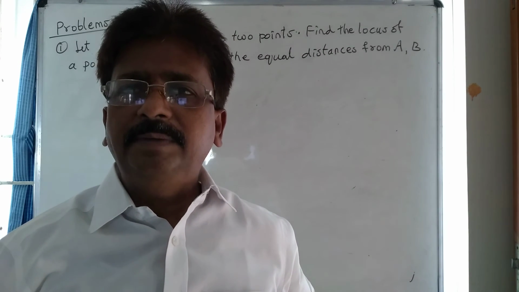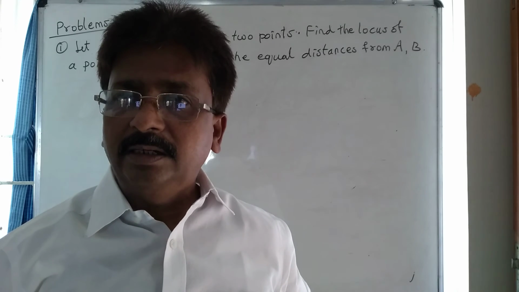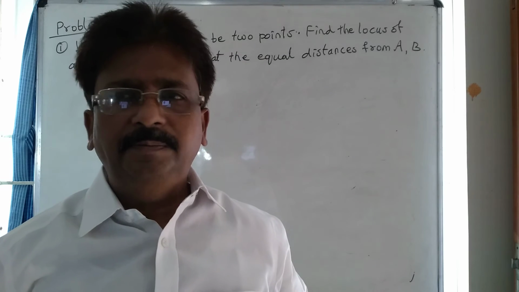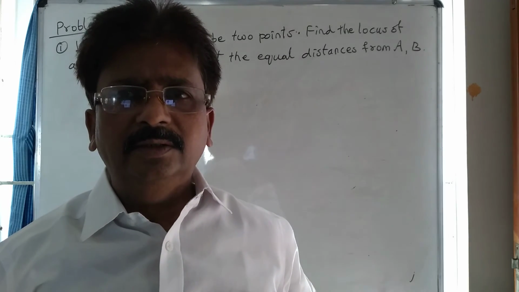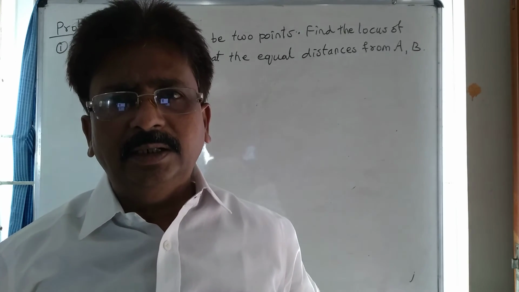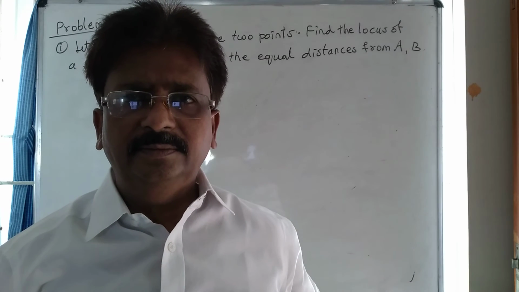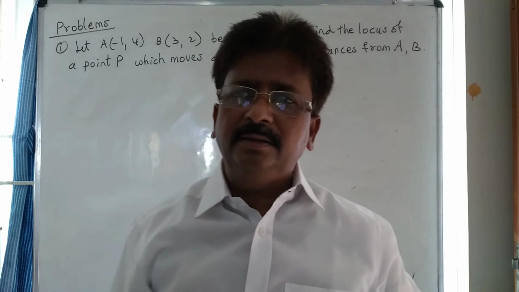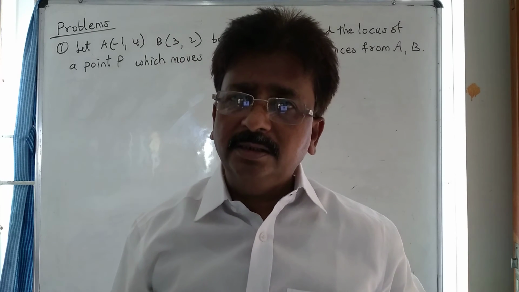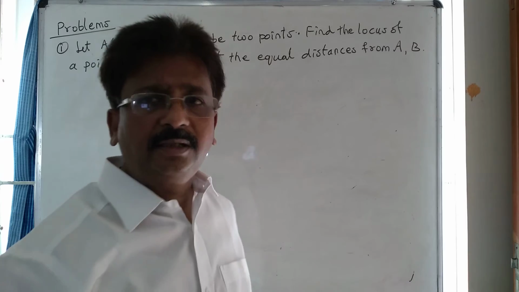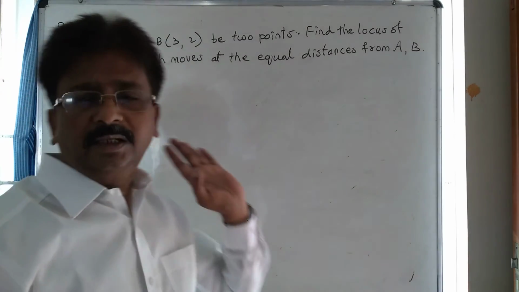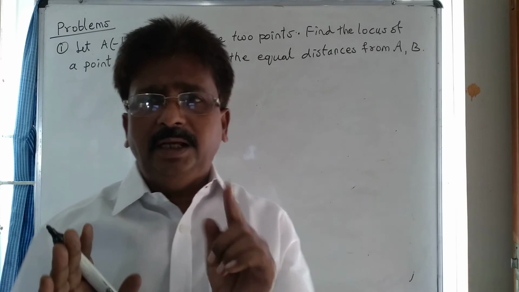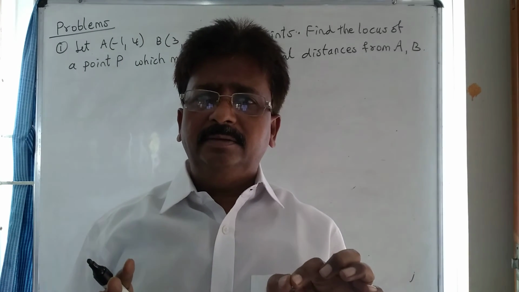2 points A and B are given, coordinates are given, therefore they are called the fixed points. The P coordinates are not given, so it is the moving point. The coordinates are changing. Okay. We have to find the locus of the point P, and P moves under some condition. So remember that in the locus problem, a condition must be given.